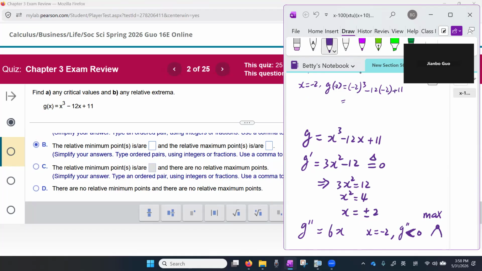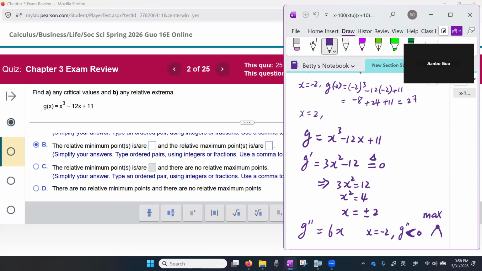So this is -8, and this gives +24, and this gives 27, because 11 minus 8 is 3, 3 added to 24 is 27.